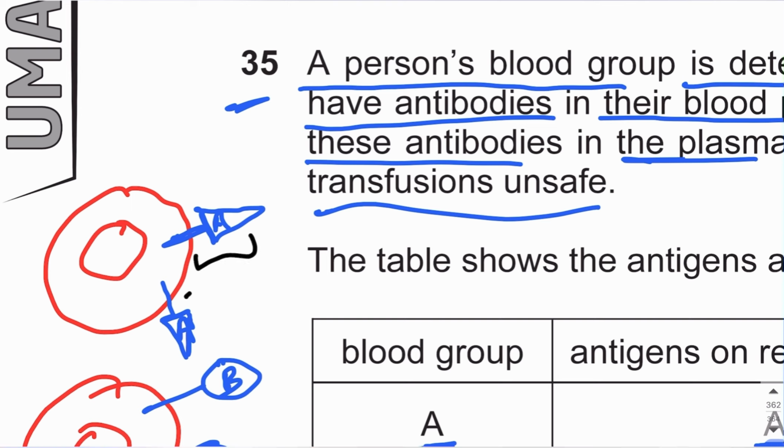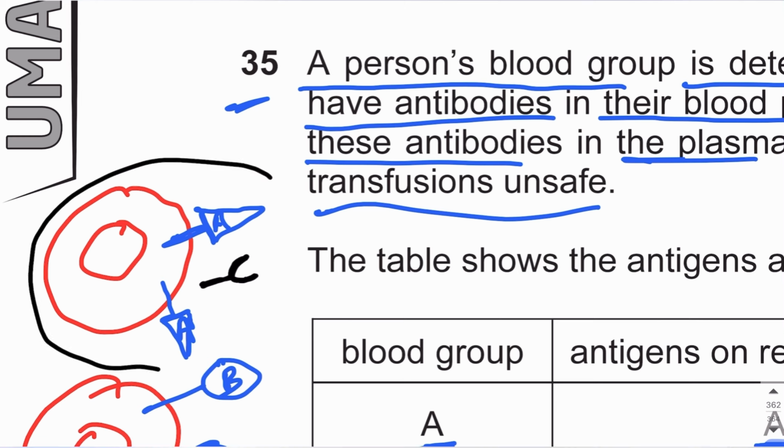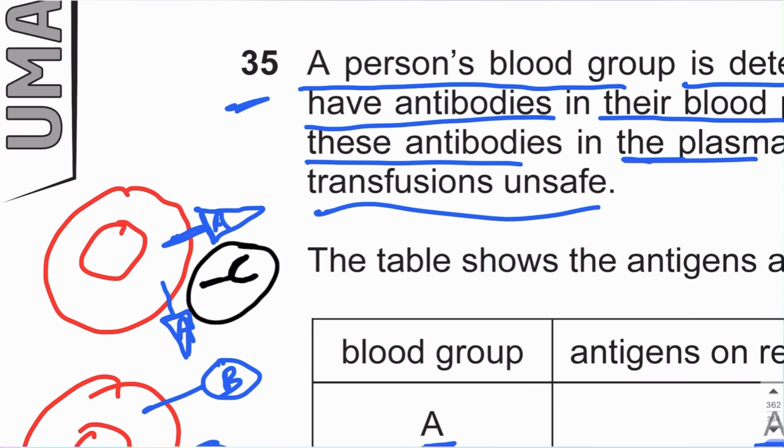Because of A antigen on the surface of red blood cell, but this person will have an antibody against B antigen, right? If a person has a blood group A with A antigen on the surface, the same person will have antibodies against B and not A, right? Because for this person, antigen B is foreign, so antibodies will be against B.